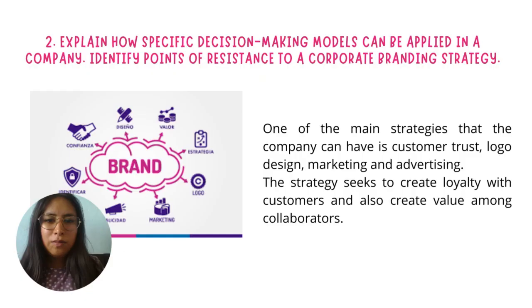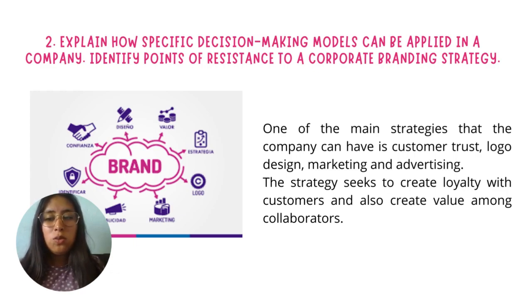Question 2. Explain how specific decision-making models can be applied in a company to identify points of resistance to a corporate branding strategy. One of the main strategies that the company can have is customer trust, logo design, marketing, and advertising.